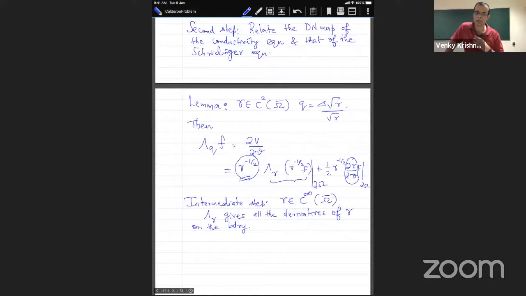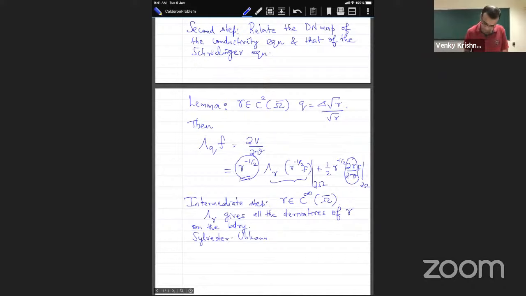This approach is due to Sylvester and Uhlmann. This was not part of their paper where they solved the Calderon problem, but one paper prior to that where they showed this.